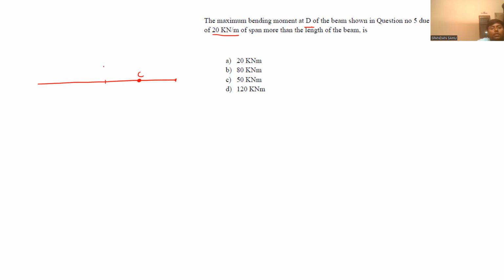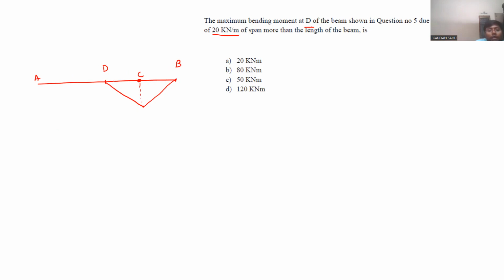C, D, A, B. It will take the shape like this. We have already drawn it. I am redoing it because you have to calculate the area and all.